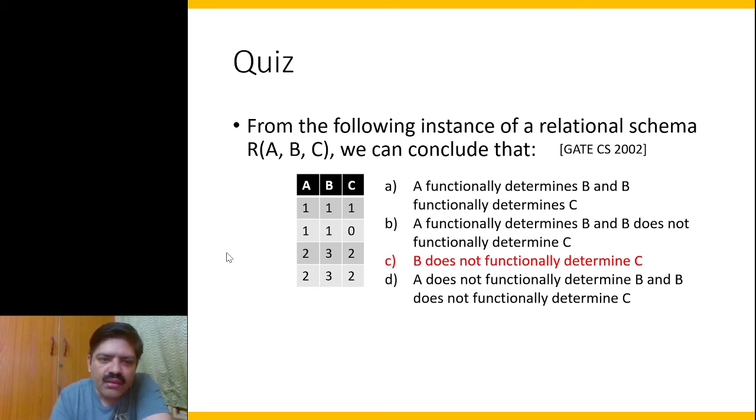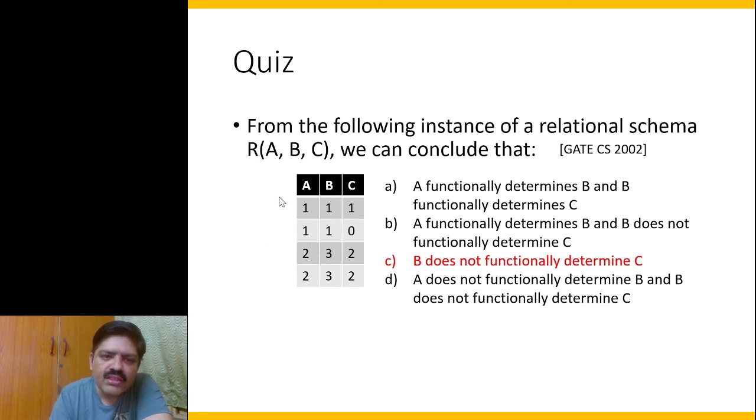Just because, for example, a value of 1 in A seems to have a value of 1 in B, and a value of 2 in A seems to determine a value of 3 in B, we cannot say that A functionally determines B. We don't know. It's just a matter of another row addition which might violate this ability to determine.